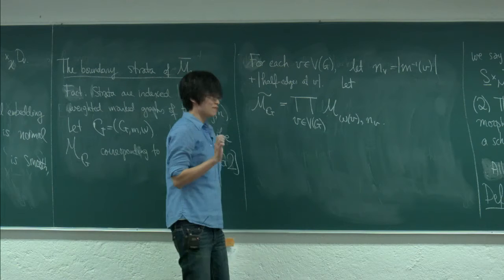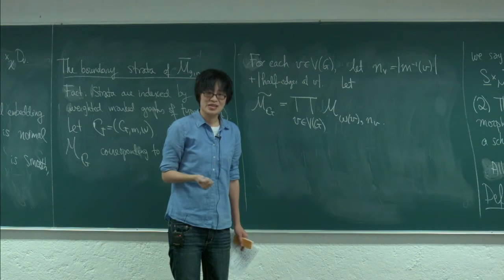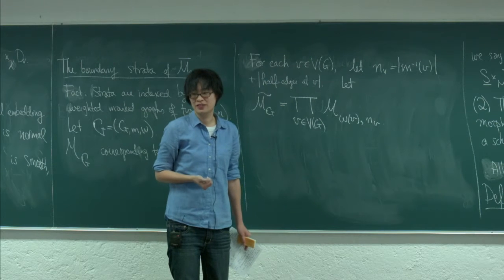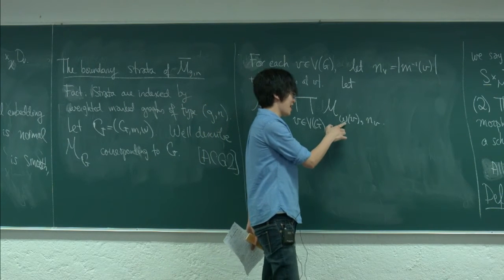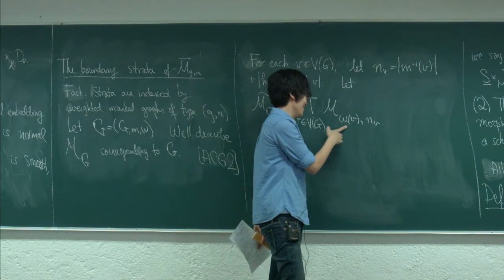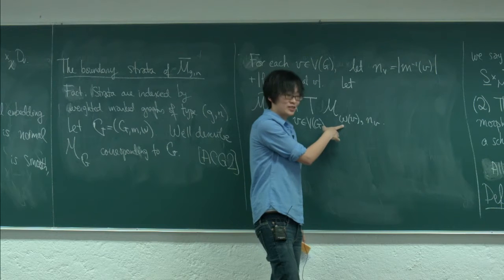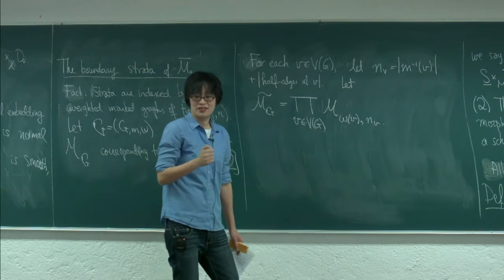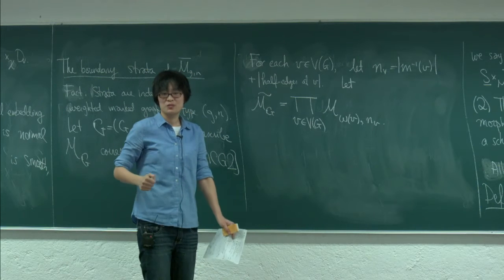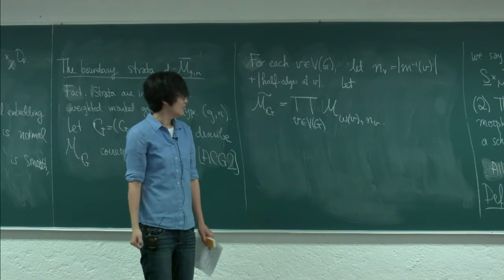So I'm basically trying to go component by component in terms of building a stable curve of type G, n. For each component, I pick out a curve of the correct genus, corresponding to the weight of that vertex. And I have to mark some special points on it, either the actual marked points or the points of eventual attachment to other components.